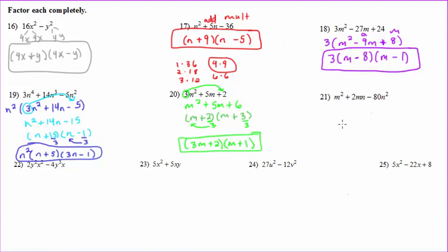Alright, 3 terms, but I've got more than one variable. They don't all have the same variable though, so I can't actually take out a variable. So what I've got to do is go to my 2 parentheses, and remember, the first thing in each parentheses is what multiplies to get this right here, m squared. So it's got to be m and m. The second part of each has to be what multiplies together to get negative 80n squared. Well, the n part of that means I'm going to have an n.